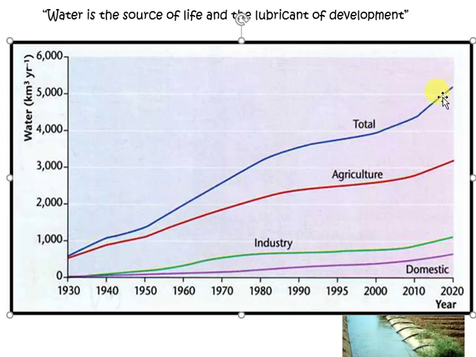That's the trend. If we break it up a little bit further, that's the total water demand globally. But if we now break it up, then agriculture is the biggest user globally. We've got industry second, and then right at the bottom is domestic.